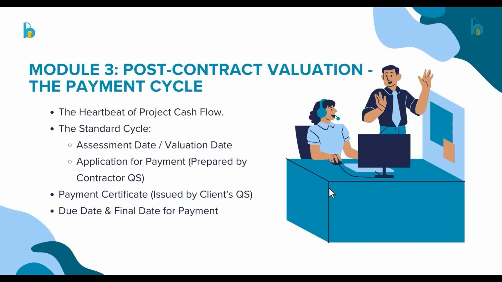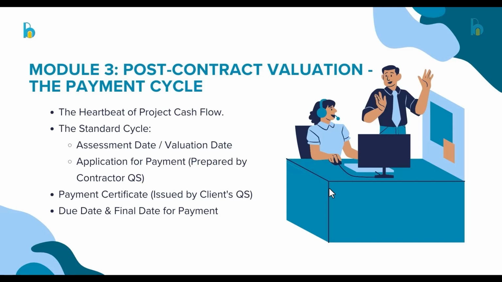Looking at the post-contract valuation, the payment cycle is the heartbeat of project cash flow. Without the valuation during the post-contract, you can't have any payment. The standard cycle begins with the assessment date and valuation date, then the application for payment, which is prepared by the contractor's quantity surveyor.